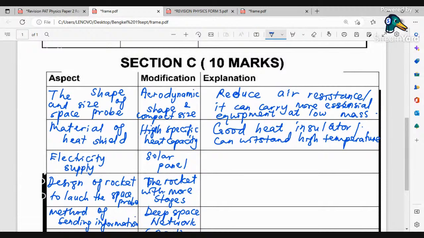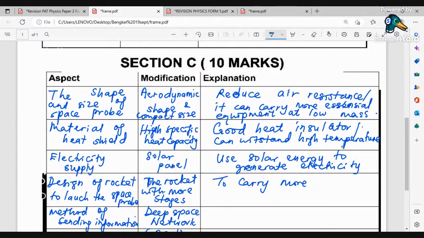Okay. Electric supply ialah solar panel. Okay, use solar energy to generate electricity. Okay, the rocket with more stages maksudnya apa? Okay, to carry more fuel. Okay.